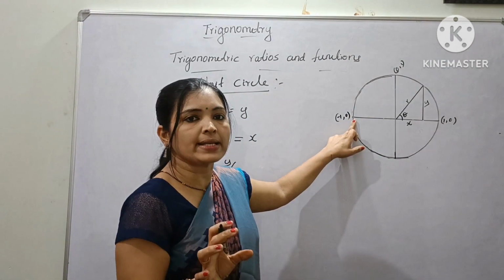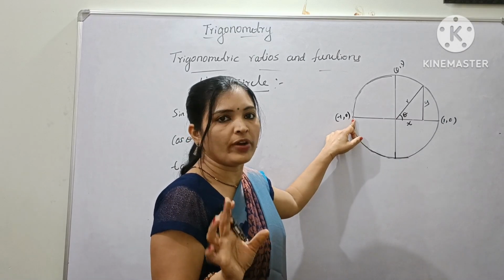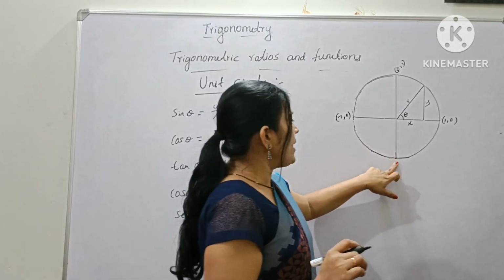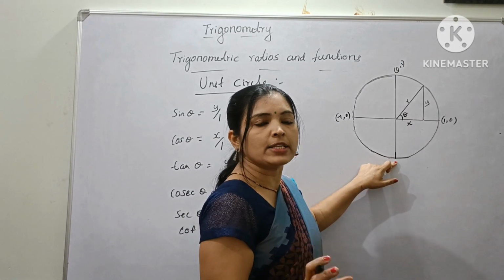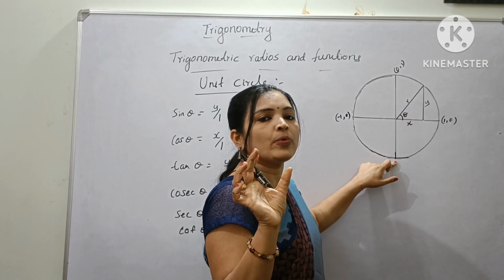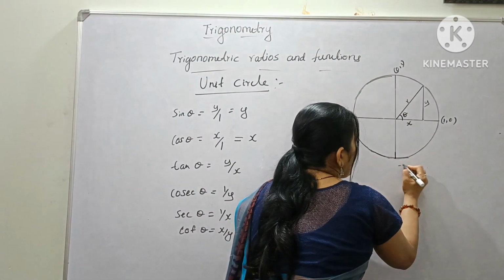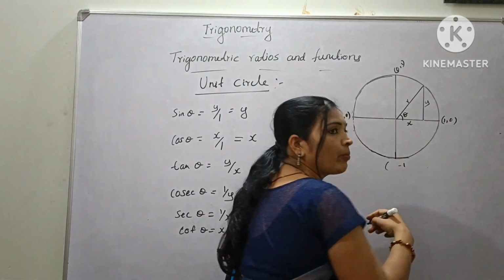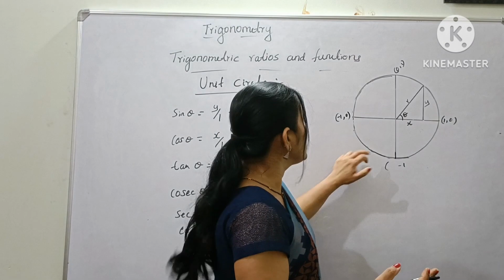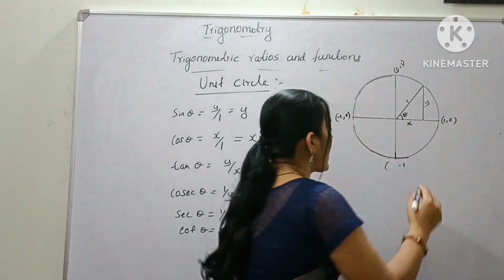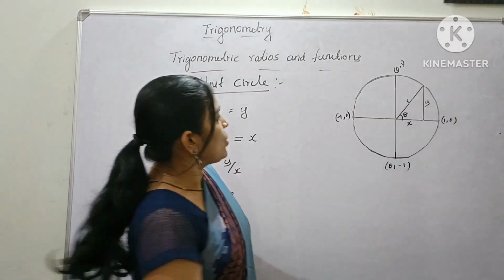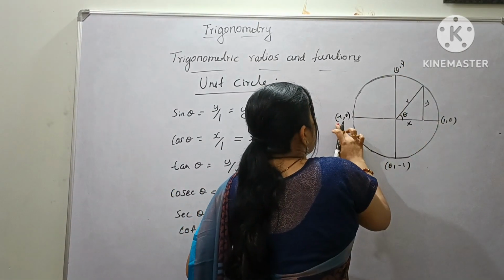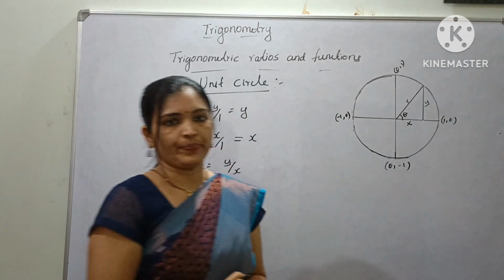Since it is on the x-axis, the y coordinate is 0. And this point is on the negative y-axis, so the y coordinate is -1. Since it is on the y-axis, the x value is 0. So 0, -1. So 1, 0; 0, 1; -1, 0; 0, -1.